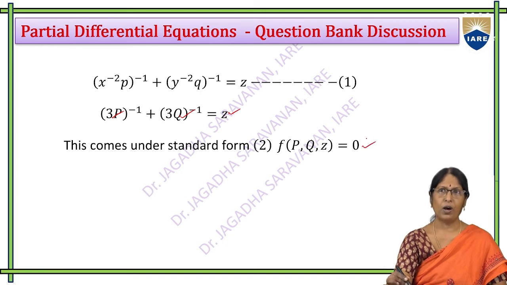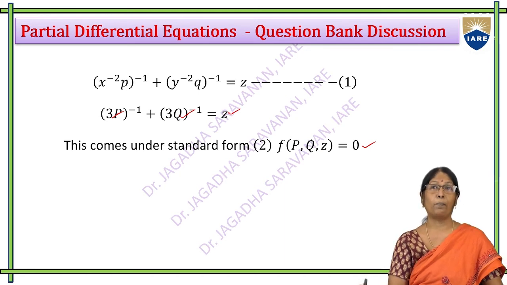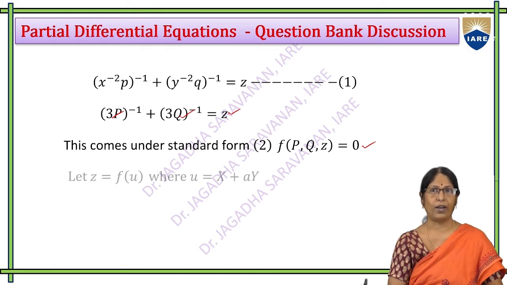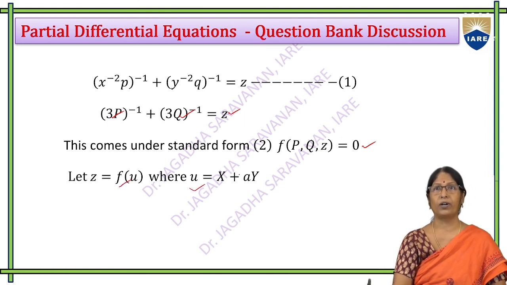So from now, we have to follow the steps of standard form 2. All this applies our Bloom's taxonomy third level, which is satisfied. So these are the steps of our standard form 2.